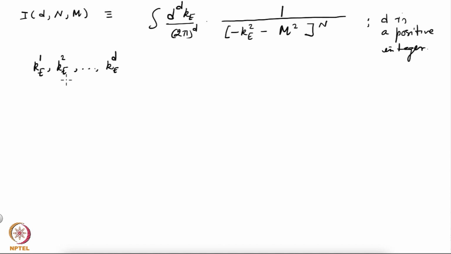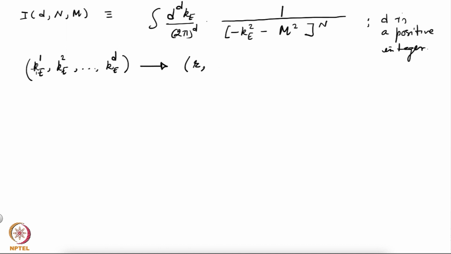There will be total d components. So instead of using these as the integration variables, I do a change of variables and go to polar coordinates. The radial coordinate I will call r, and then we will have how many angular variables? d minus 1 angular variables, right?